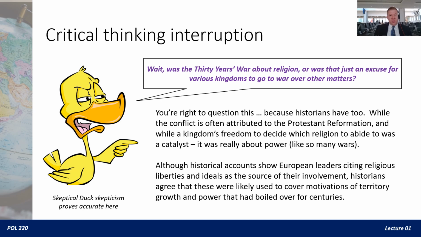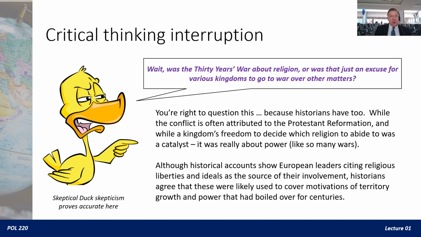Very astute, and I'm sure you all have a lot of opinions about the 30 Years' War, but he's right to question this because historians have as well. If you look at the conflict, it was largely attributed to the Protestant Reformation, and the ruler over each kingdom had the ability to decide which religion to have their kingdom ascribe to. But this was really a catalyst for this conflict.